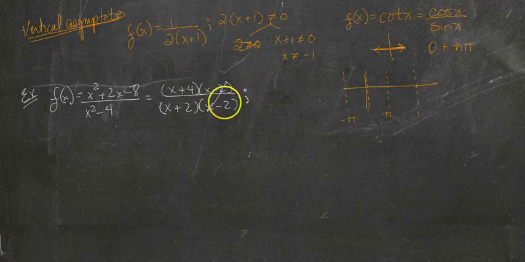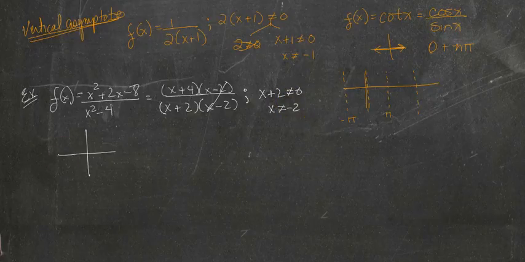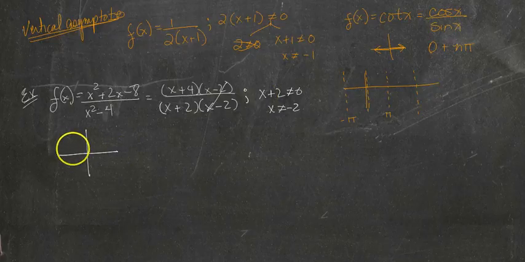I have a hole at x equals 2, but I have an asymptote at x equals -2 because x plus 2 is not allowed to be 0. So x is not allowed to be -2. So on the graph, and I am not sketching this function, I'm just making an example. At -2, I'm definitely going to have an asymptote, and then the graph will do whatever it does.